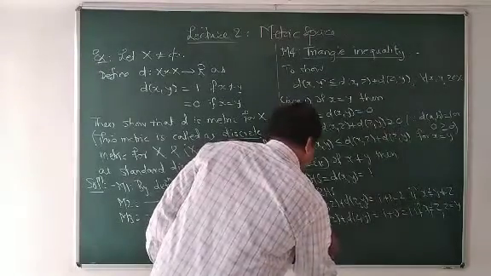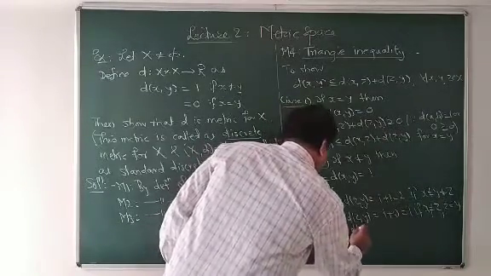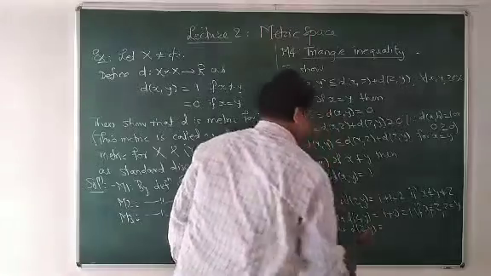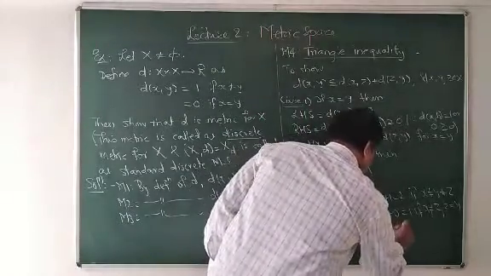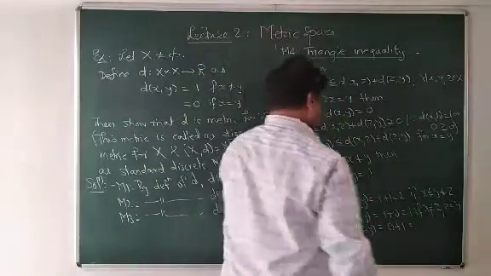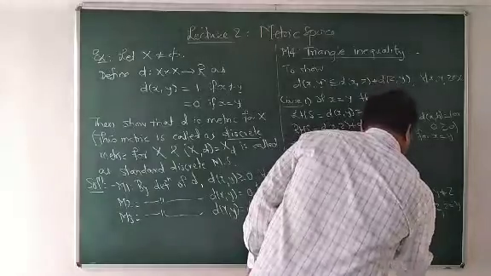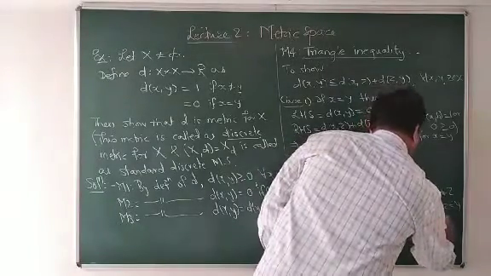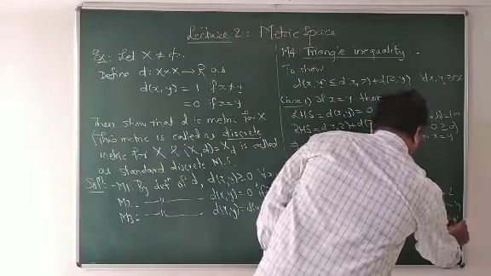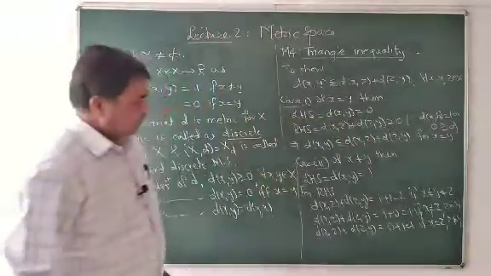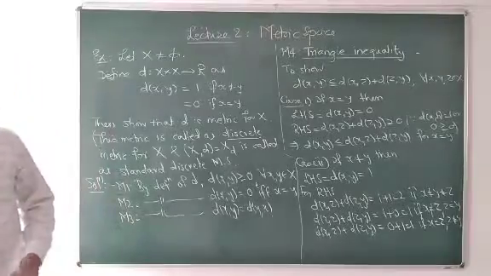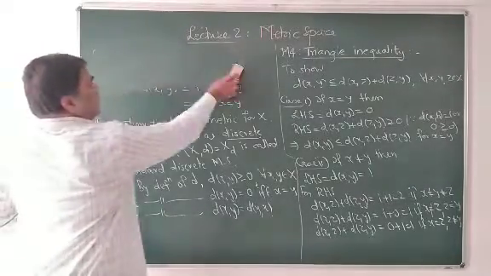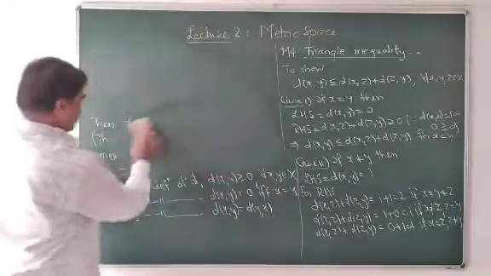And it takes 0 plus 1 if x is equal to z, z not equal to y. From these cases, this satisfies the triangle inequality.